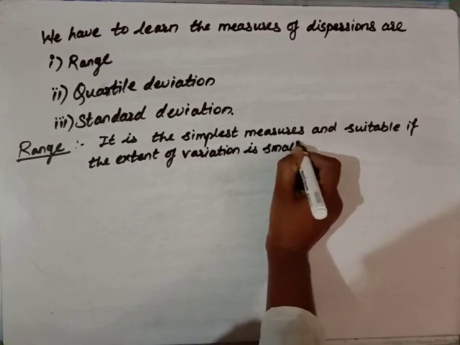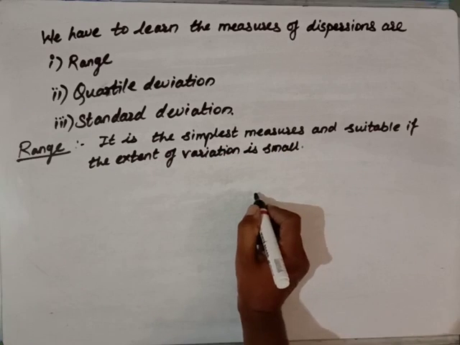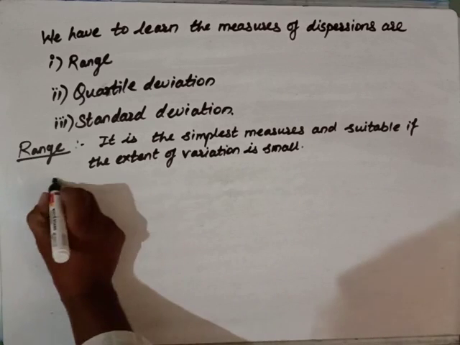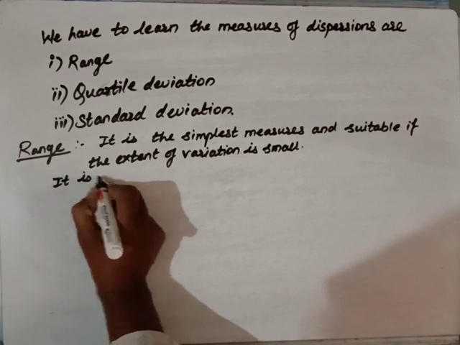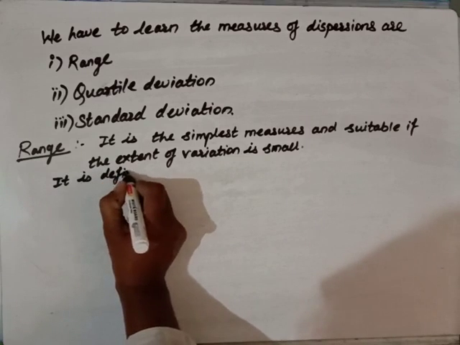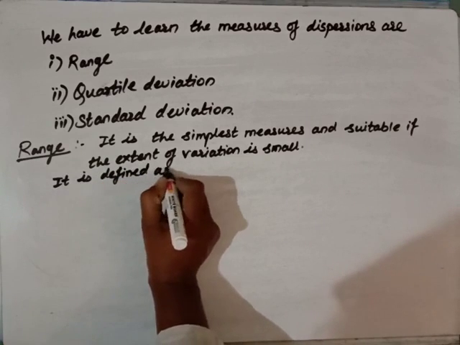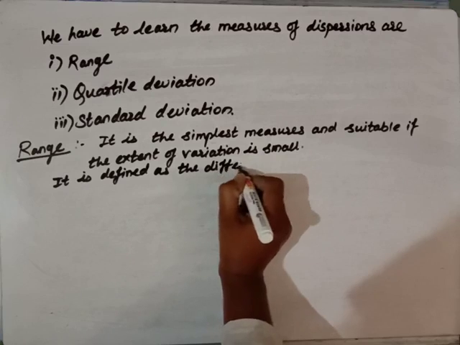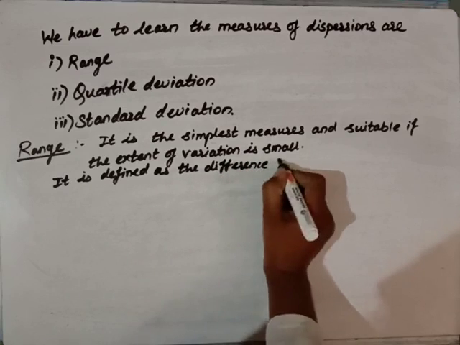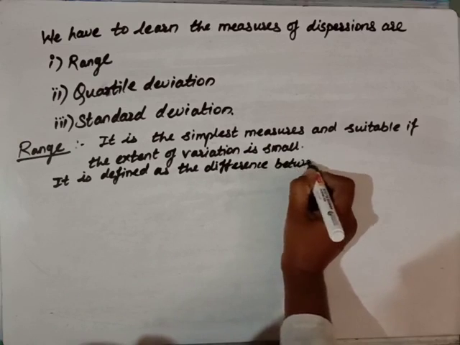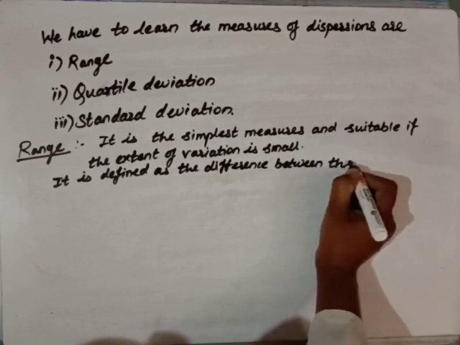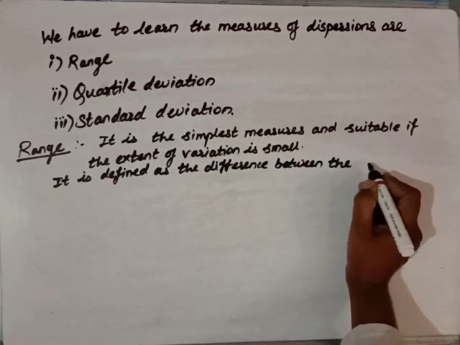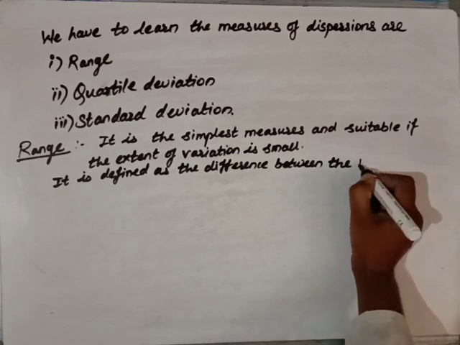Now, how is it defined? It is defined as the difference between the maximum and the minimum values of the data.